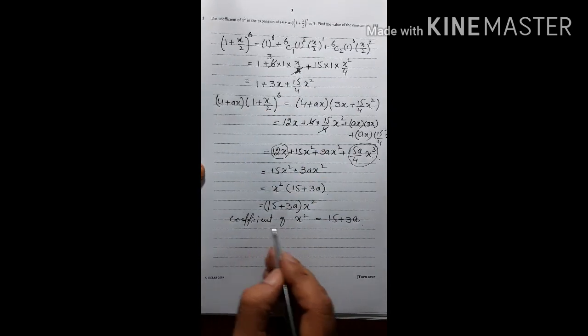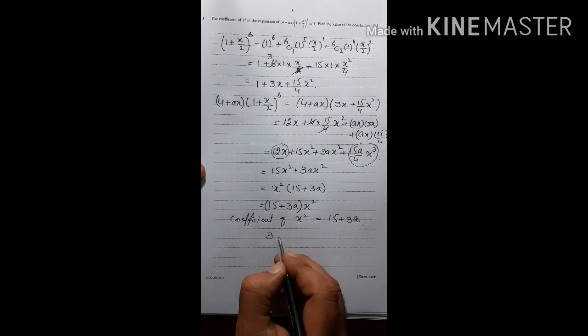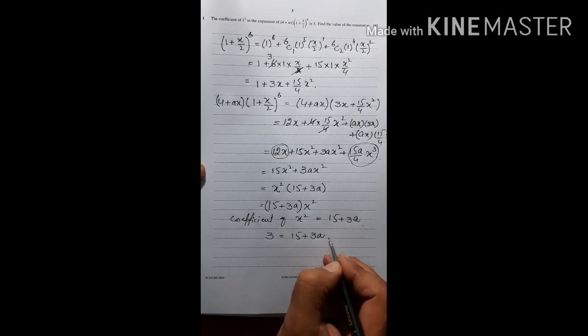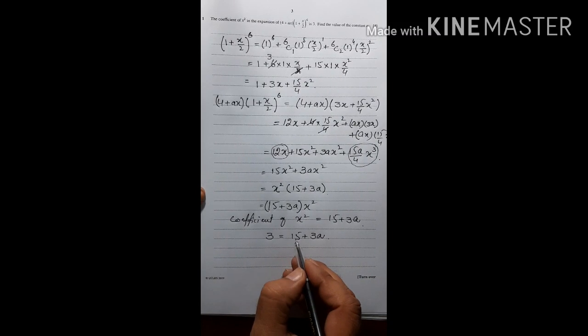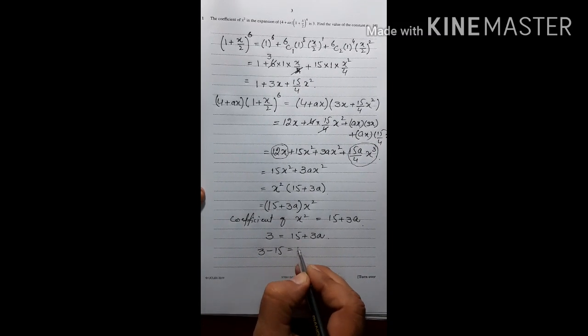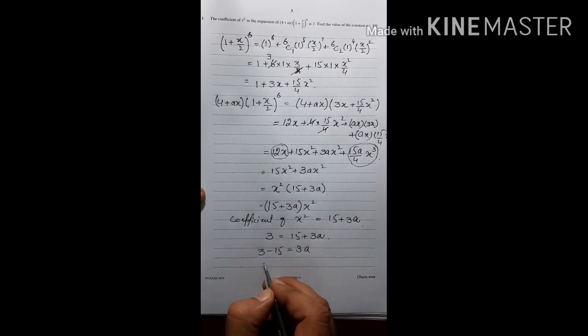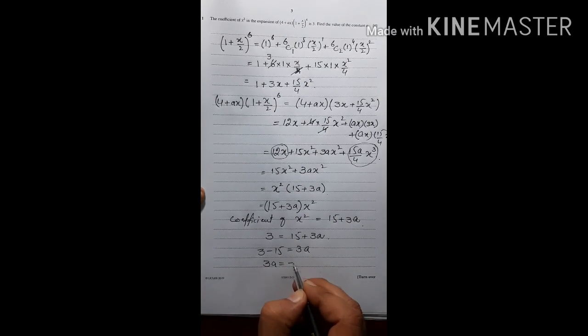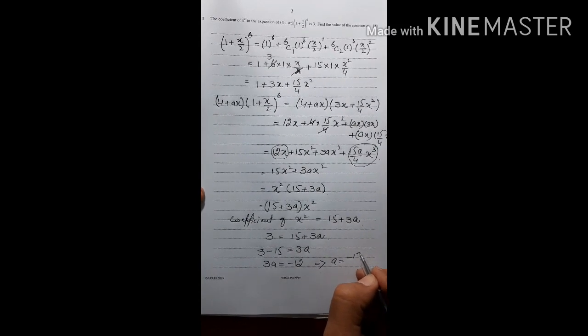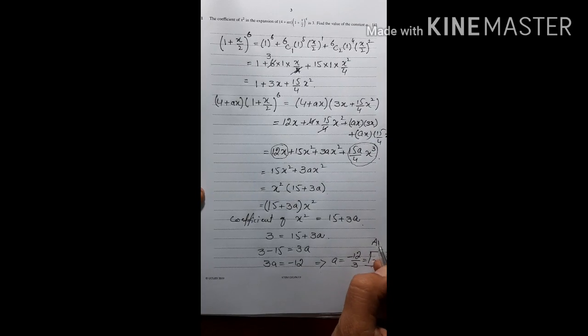So we put 3 in place of this: 3 = 15 + 3a. Take 15 to the other side: 3 - 15 = 3a, so 3a = -12. Therefore a = -12/3, which is -4. This is our answer.